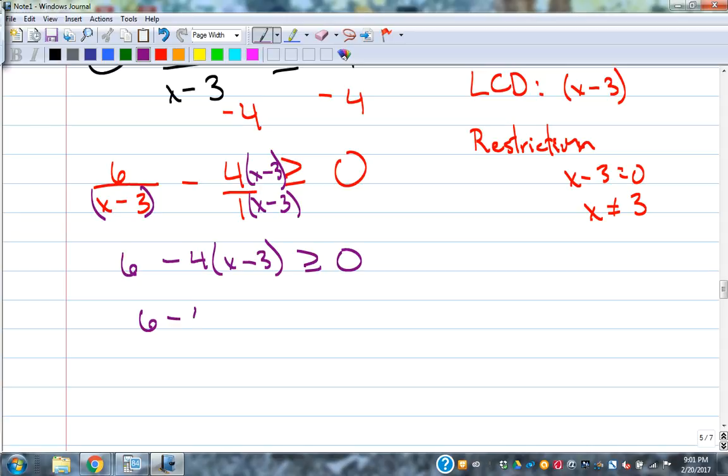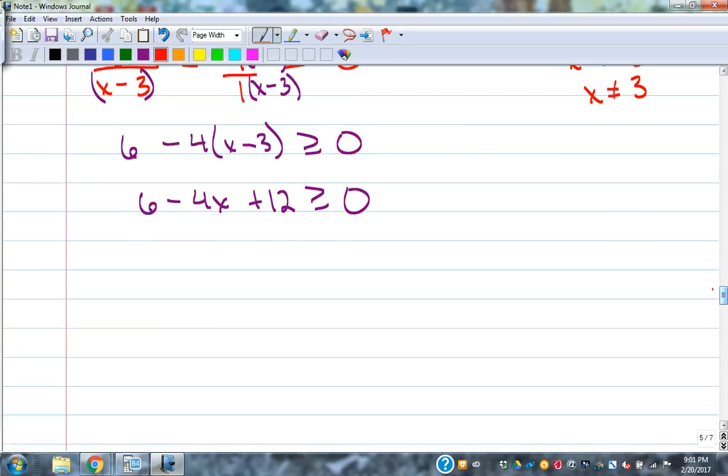Yeah, 6 minus 4x plus 12 is greater than or equal to 0. Once we get here, it's a lot like the inequalities. You drop the denominators and just look at the numerators. And we're going to solve this inequality.